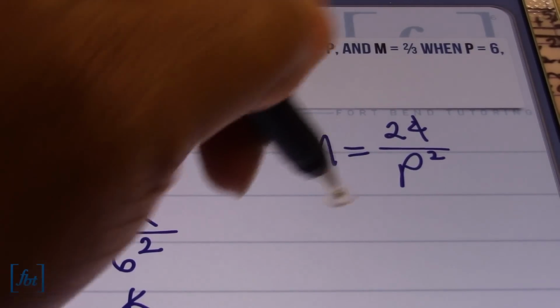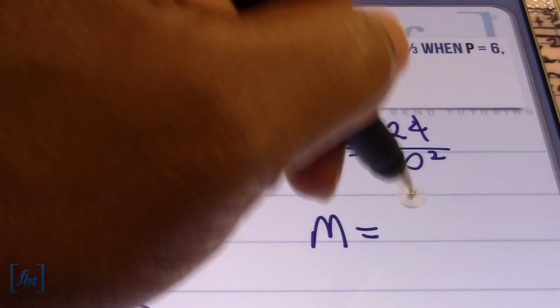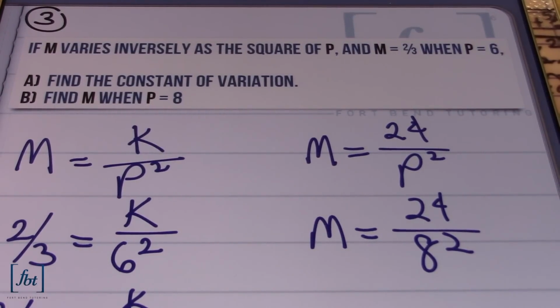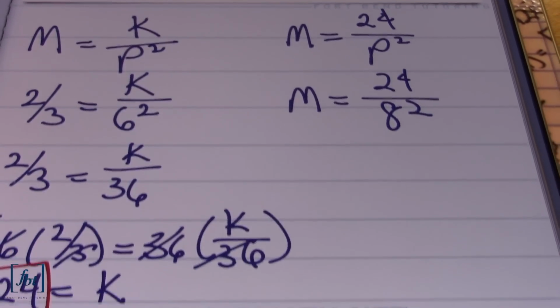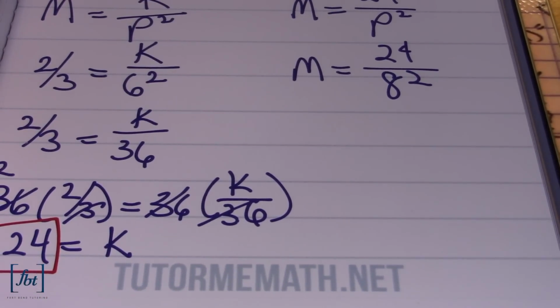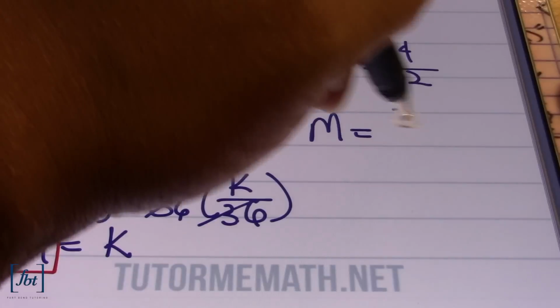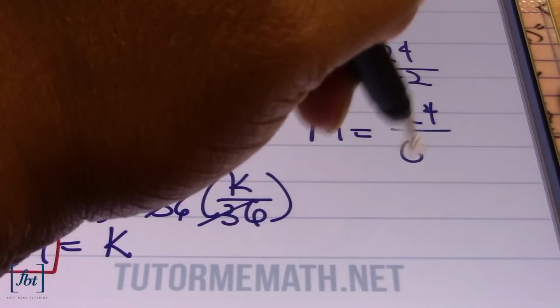So we'll have M equals 24 divided by 8 squared, because P is 8. Now we'll simplify this to get M equals 24 divided by 64.